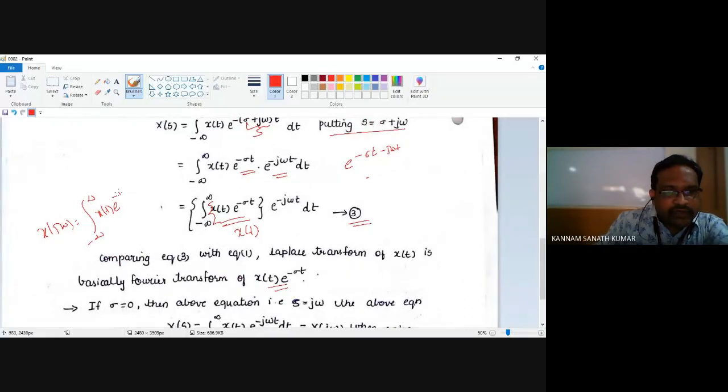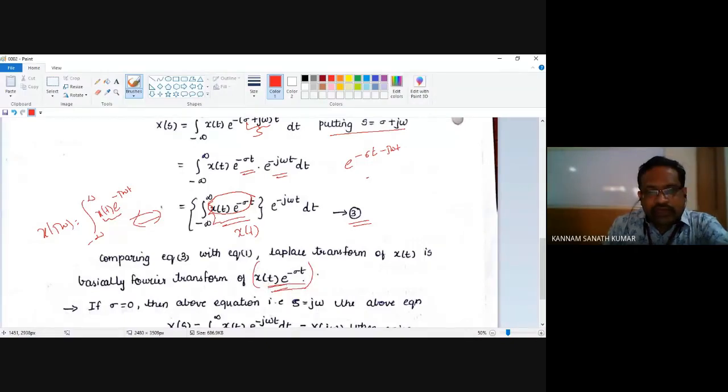In place of x of t, you have x of t into e power minus sigma t. So the Fourier transform of x of t into e power minus sigma t gives the relation. Basically, the Laplace transform of x of t is the Fourier transform of x of t into e power minus sigma t. When you apply the Fourier transform to this signal, you get the Laplace transform. This is the relationship between the Fourier transform and Laplace transform.